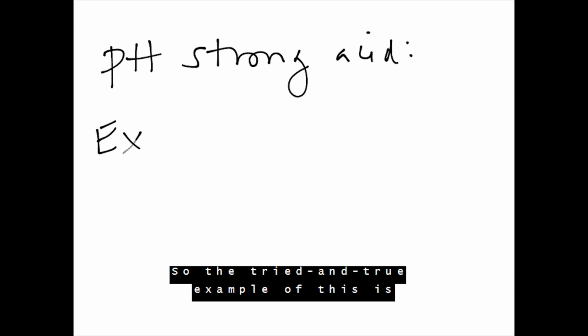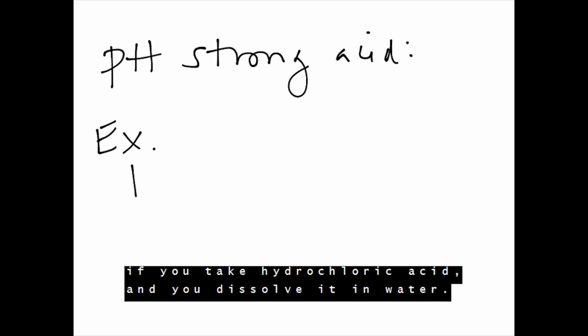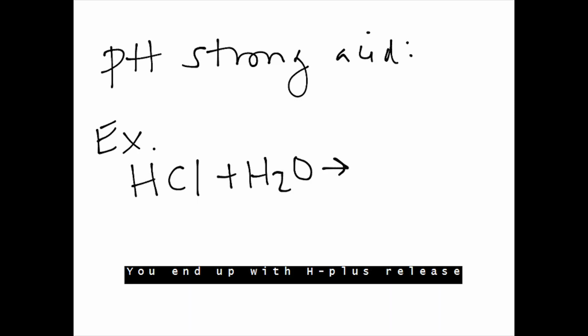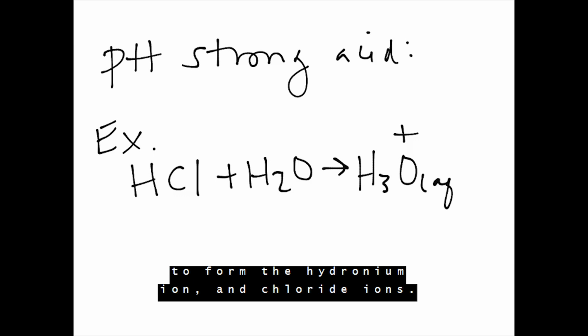The tried and true example of this is if you take hydrochloric acid and dissolve it in water, you end up with H plus released to form the hydronium ion and chloride ions.